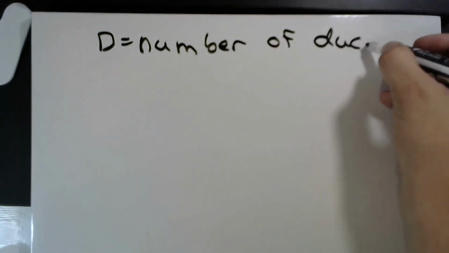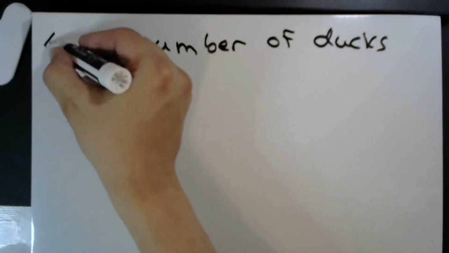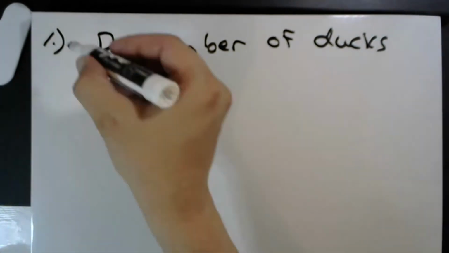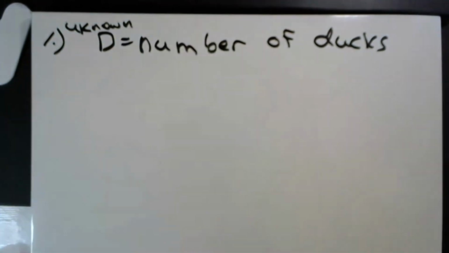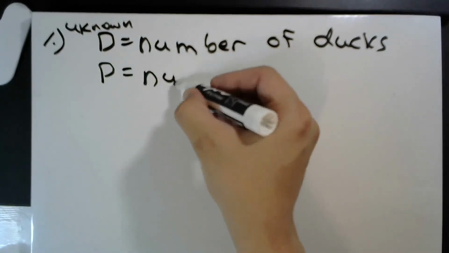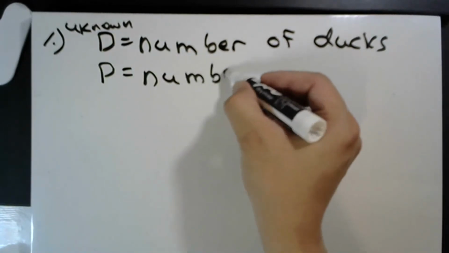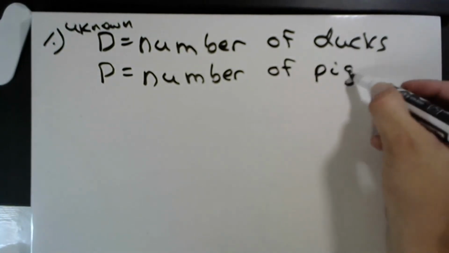If we're following our 4-step process, you can think of this as number 1. Now we're going to do it a little bit backwards. We're looking at what's unknown. So what do we not know? Well, we don't know the number of ducks, and we don't know the number of pigs. We'll let P equal the number of pigs.